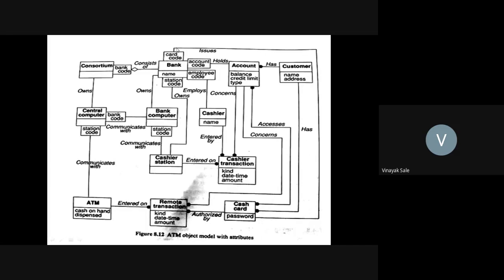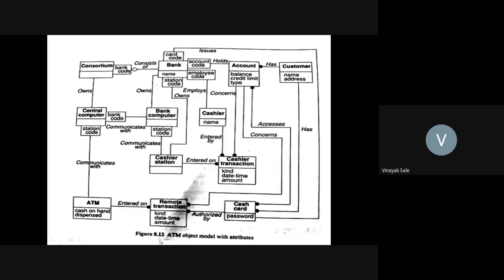Then the bank code is associated with the cash card, issued with some passwords, and has some authorities. Then for the ATM card there are types of ATM transaction, date and time, amount, whatever. This is entered through the ATM.